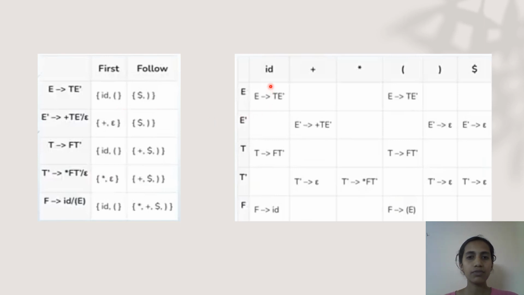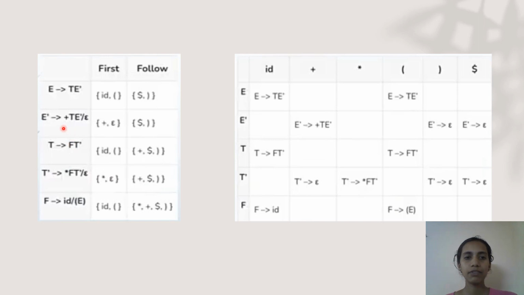So first we will write E tends to TE dash at ID and at the open brace. And for E dash tends to plus TE dash and epsilon, we will consider both the first and the follow, because all the null productions are put under the follow of that symbol, and all the remaining productions lie under the first of that symbol.